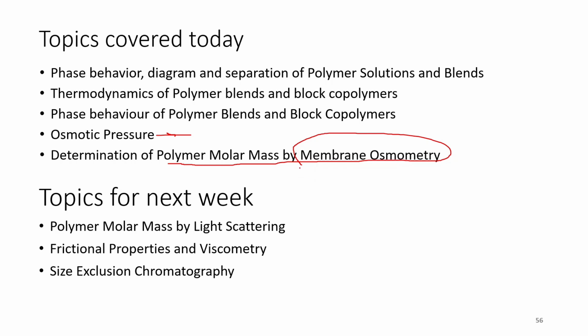We solved some problems also. Then in the next class we will be discussing polymer molar mass by light scattering, frictional properties and viscometry, and then size exclusion chromatography, which is GPC, gel chromatography also, right?